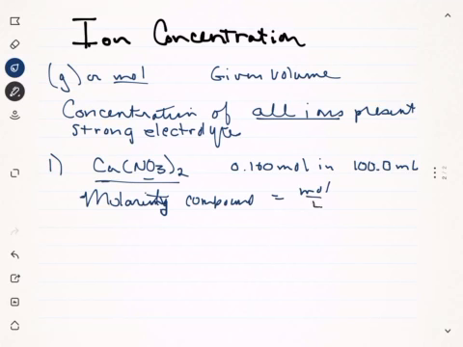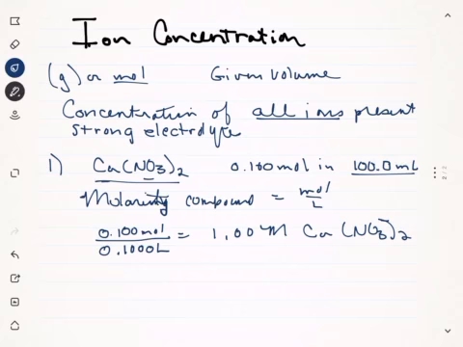So we take our 0.100 moles and divide that by 0.1000 liters. Don't forget to turn this into liters. As you can see, quite simply, the concentration of this is 1.00 molar Ca(NO3)2.